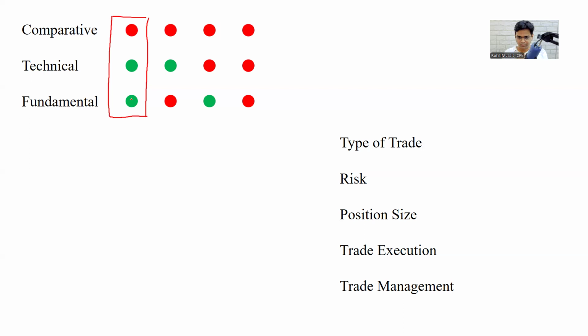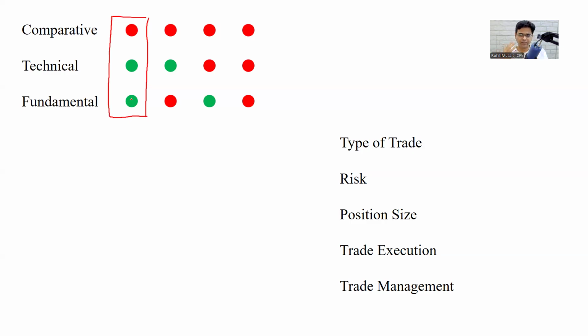Before I answer that question, please understand that in each of these 4 scenarios, the stock is comparatively weak, which means the risk in these 4 scenarios is more than the risk in the previous 4 scenarios, which we looked at in the second video.